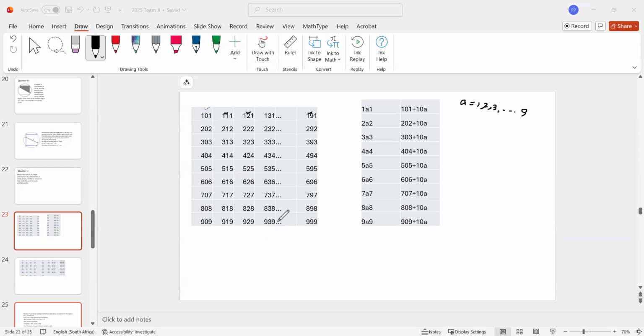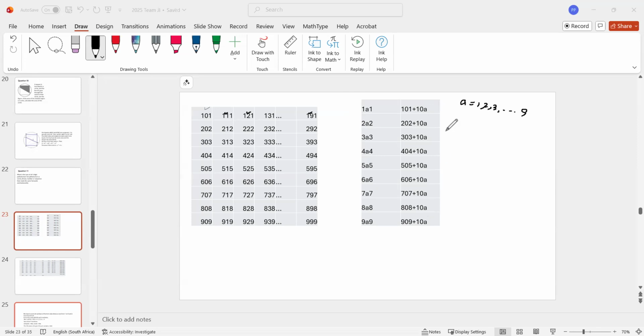No, I'm sorry. 909 plus 30, because the middle one is the tens unit. So this is 909 plus 30, which is 939. So it's 909 plus 3 tens, right? So this one here is 909 plus 3 tens. Okay, so that's what I've got here, right?